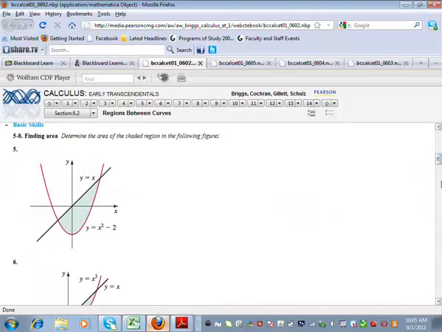So I've been thinking about how I'm going to handle questions like this in the exam. I'm probably just going to give you a picture. This is a big change in teaching, I think.